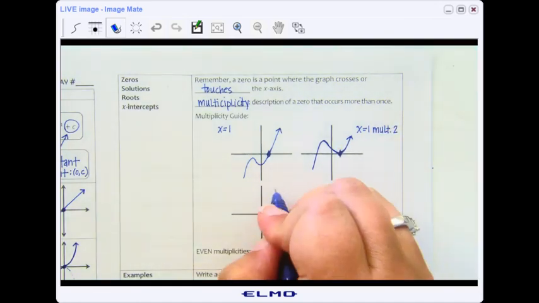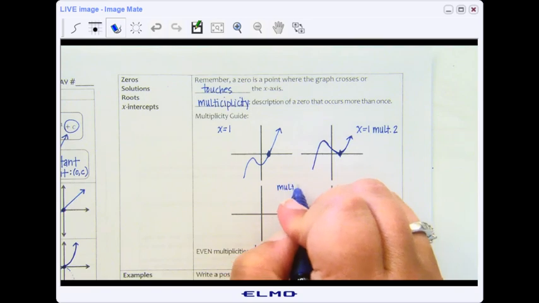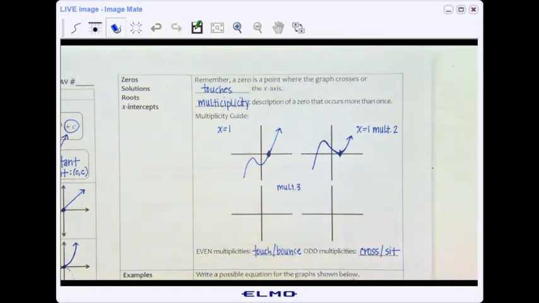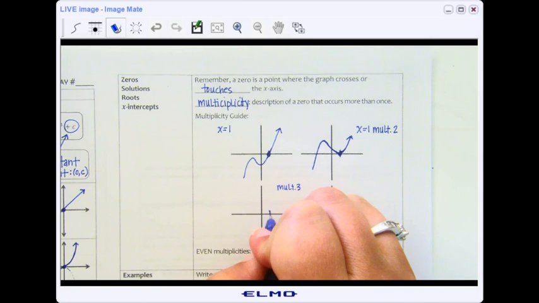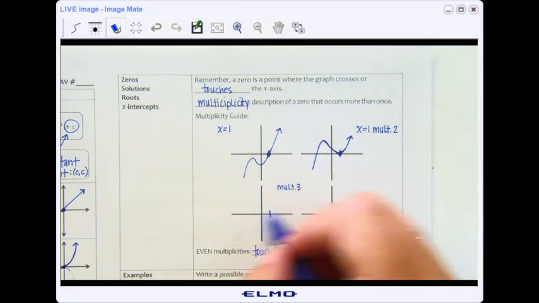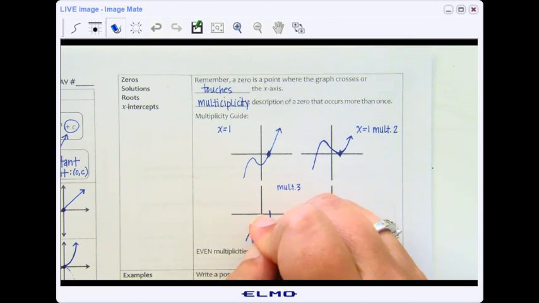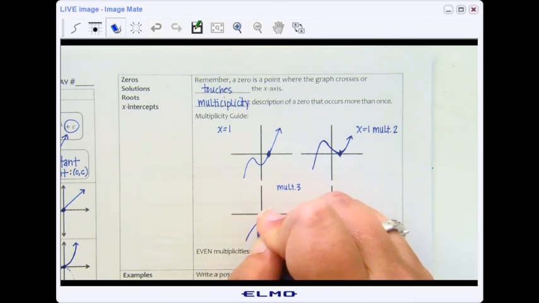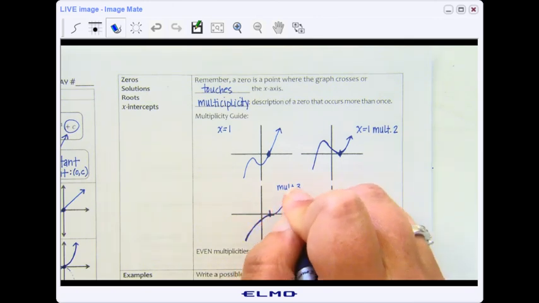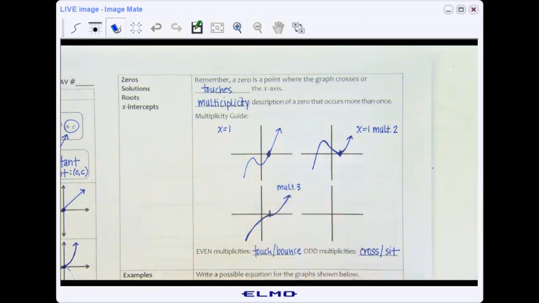If you have a multiplicity of 3, then you're going to sit on the graph. So at x equals 1, when we say sit, it's an exaggerated cross. So it's going to come up, it's going to sit at x equals 1, and then it's going to cross and keep going.